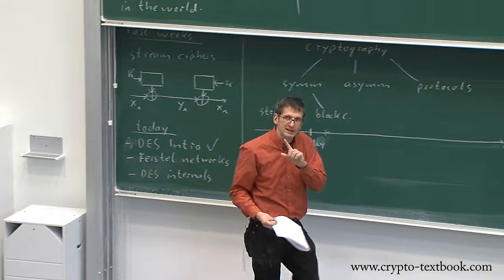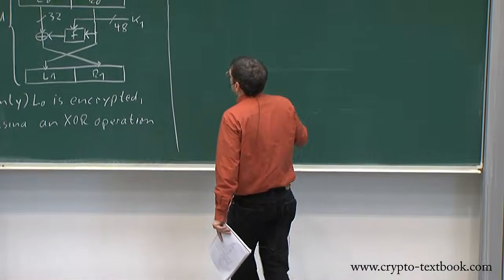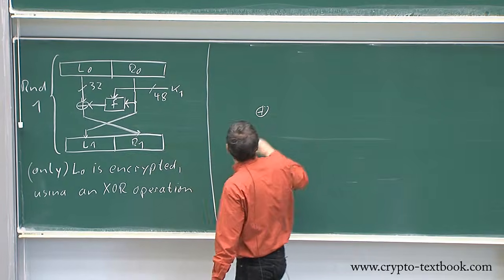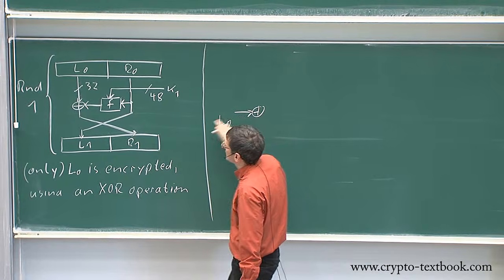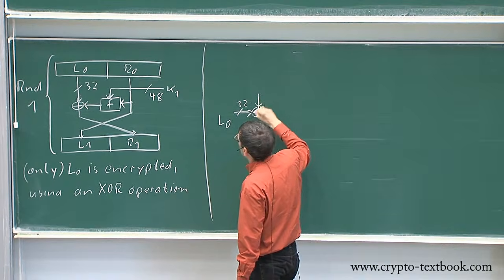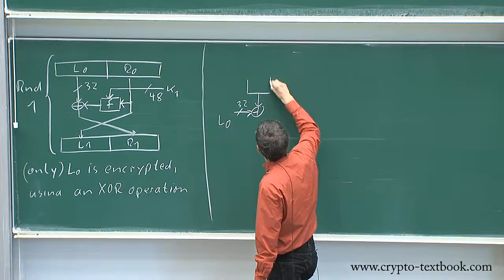And now comes the interesting thing, which really helps you understand DES better. We look only at this part here. When we rewrite that, we say, okay, here L0 is coming in with 32 bits. Our key stream generator is essentially this F function here.